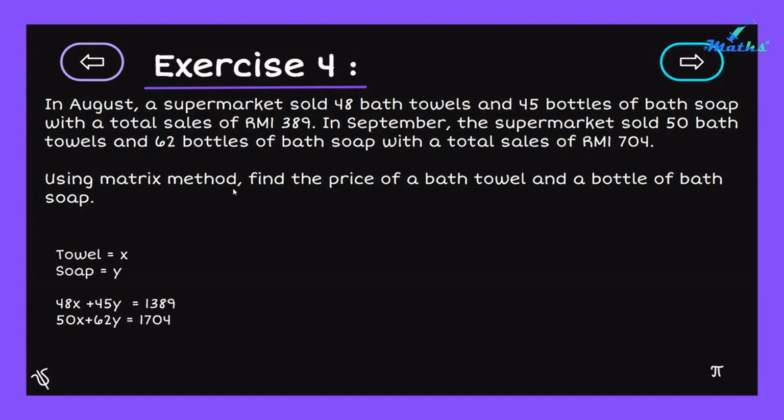So I use towel as x and soap as y. Here is 48x plus 45y equals 1389, and another equation is 50x plus 62y equals 1704.